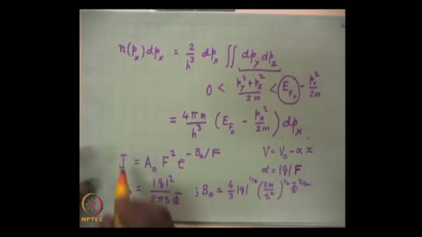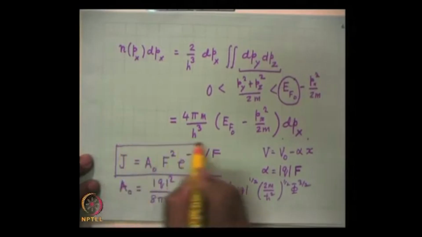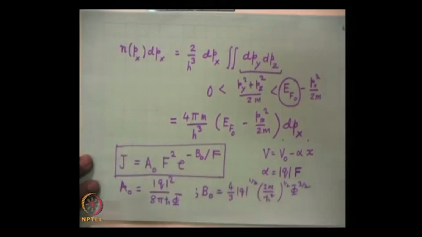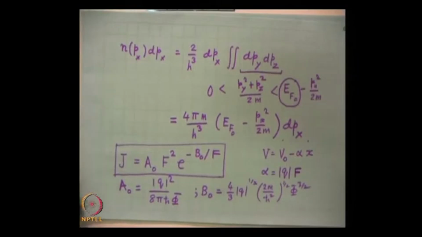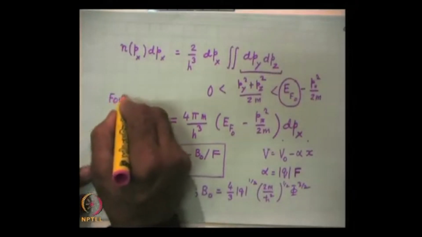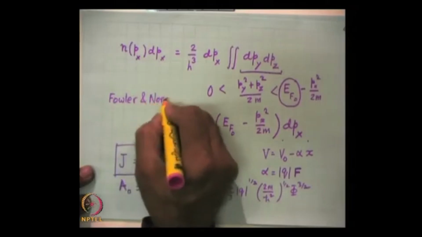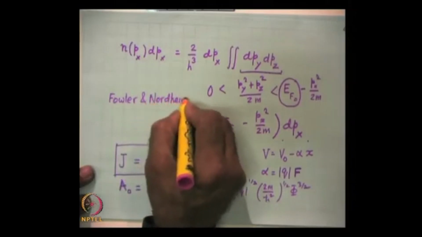So, this formula for the current density was one of the first examples of the quantum mechanical tunneling phenomenon; the other example was the alpha decay problem, which we will consider next. This formula was given by Fowler and Nordheim in the early 30s.